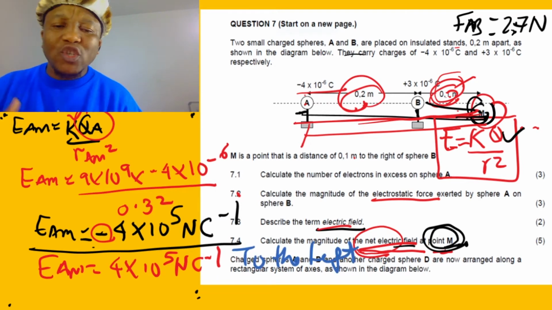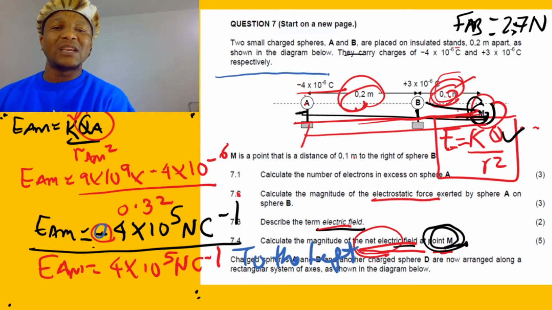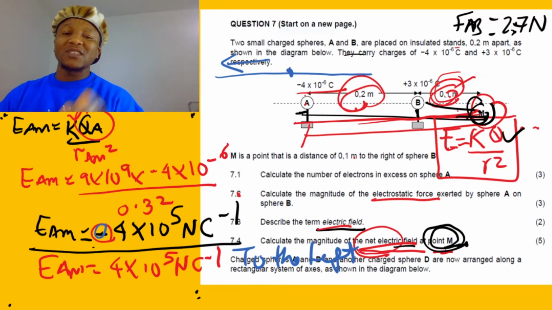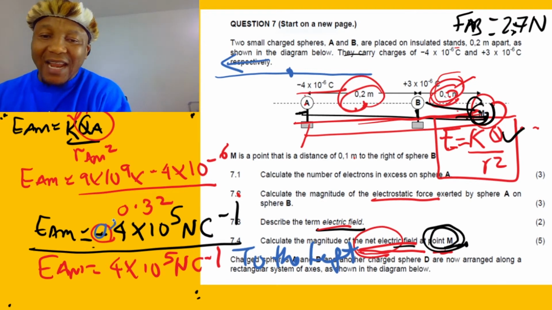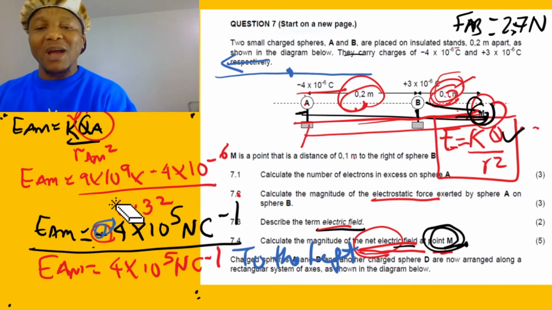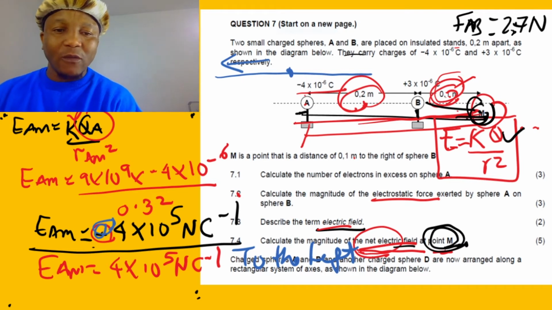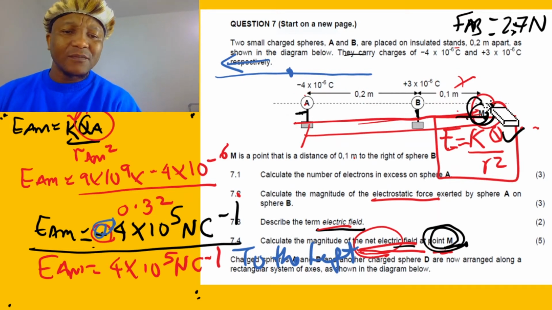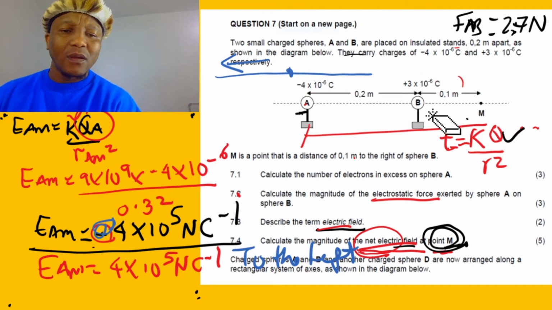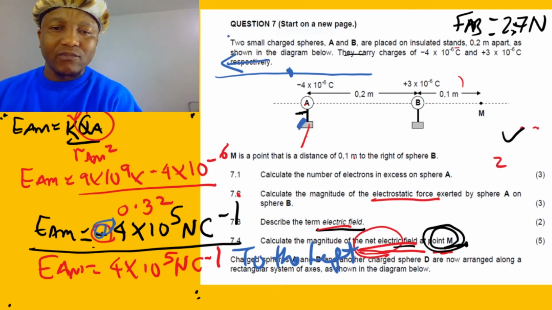What do you mean by to the left? In a number line, in lower grades, we learn that negative means to the left and positive means to the right. So if I remove the negative, I can say to the left, or I can leave my negative as it is. So we have the electric field of AM, from A to M all the way.